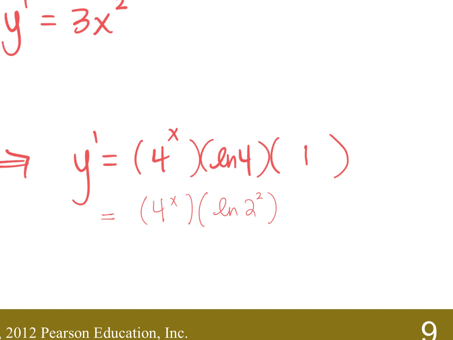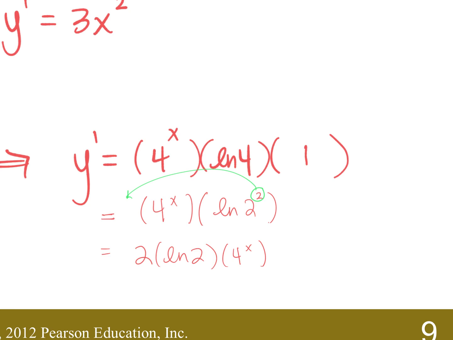And because of the power of 2 in natural logs, you would most likely see that pulled all the way to the front because that's the rule for powers on logs. It has nothing to do with derivatives. It's just a rule for simplifying logs. So you probably see the 2 out in the front. And then the next constant would be the natural log of 2. And then you'd see the 4 to the x at the end because we always put constants in the front.